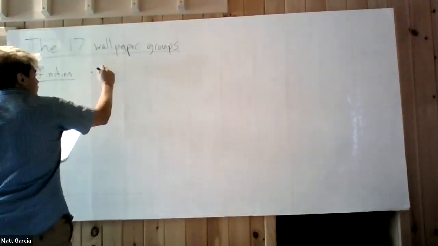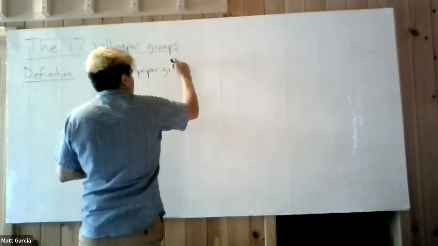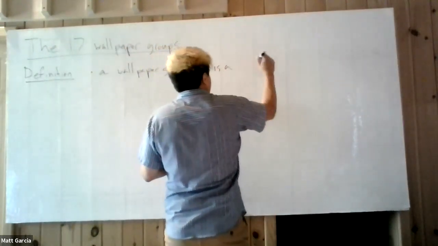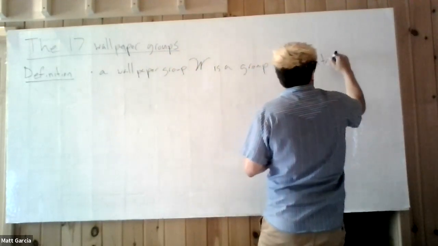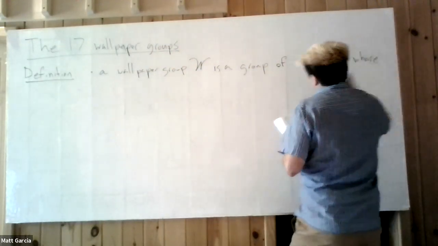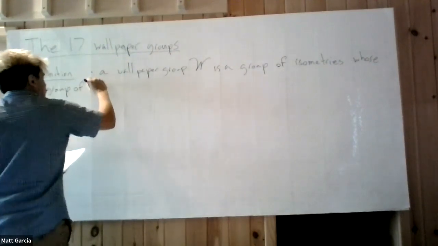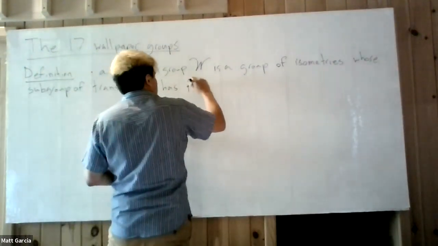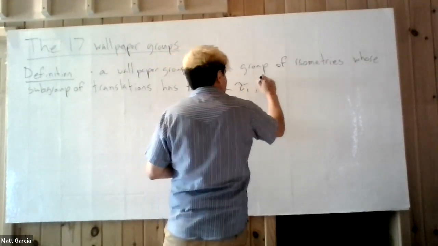So firstly, what I just said in words, a wallpaper group, which we'll denote by script W, is a group of isometries whose subgroup of translations has the form of a group generated by tau 1, tau 2.